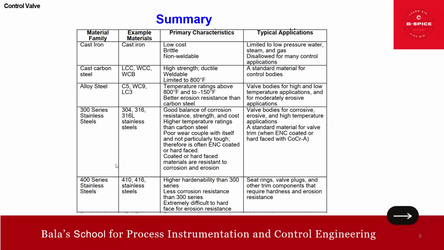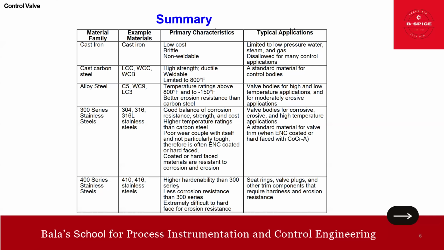Then we have the 400 series, which is superior again: 410, 416. You would have heard of the 300 series, right? Now we have the 400 series, which is superior to that. It gives a higher hardenability than the 300 series, but less corrosion resistance than the 300 series. That is the issue here.